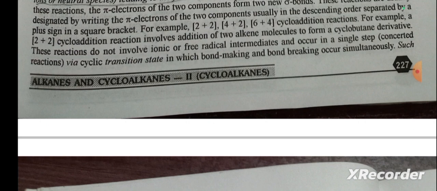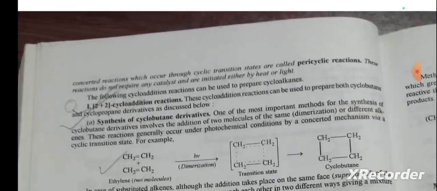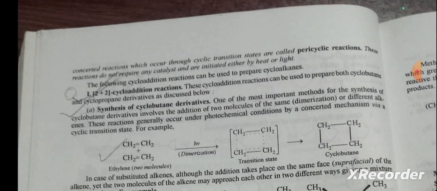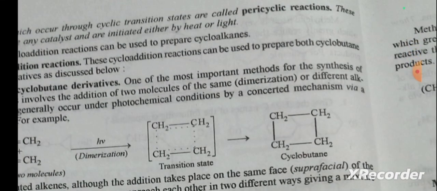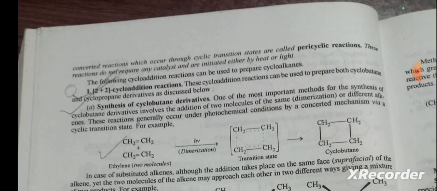These reactions do not involve ionic or free radical intermediates and occur in a single concerted step via a cyclic transition state, in which bond making and bond breaking occur simultaneously. Such concerted reactions which occur through a cyclic transition state are called pericyclic reactions, and these reactions do not require any catalyst and are initiated either by heating or light.